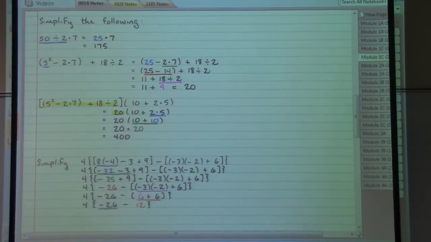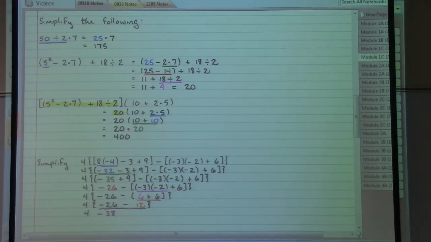Negative 26 minus 12. We rethink that as a money problem. We owe 26, we owe 12, so we will owe. We take the 26 plus the 12 to get that full debt of 38. And we have the 4.